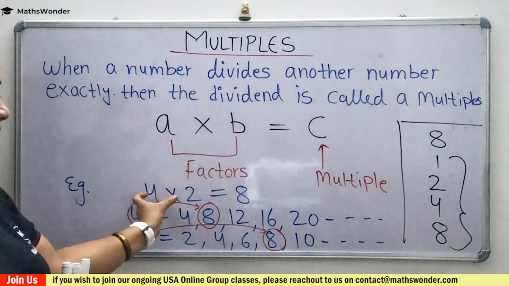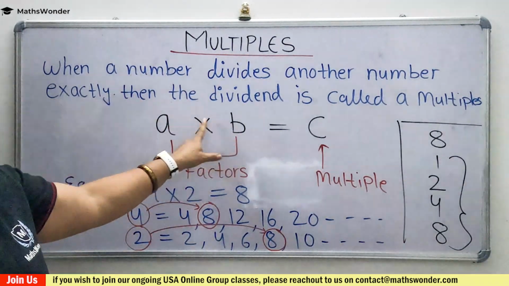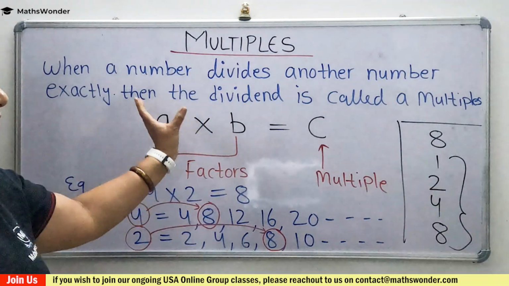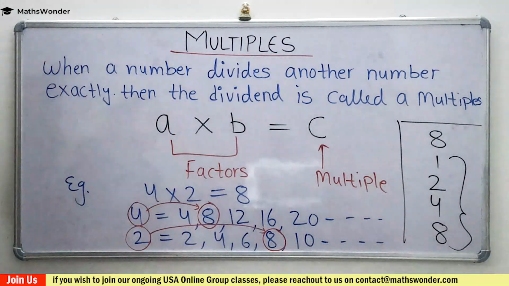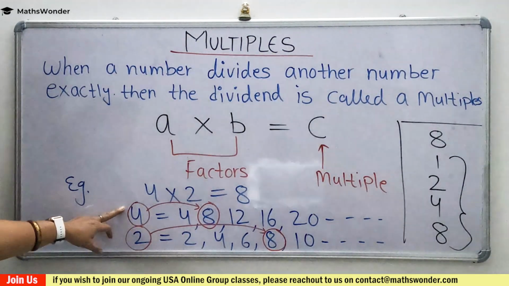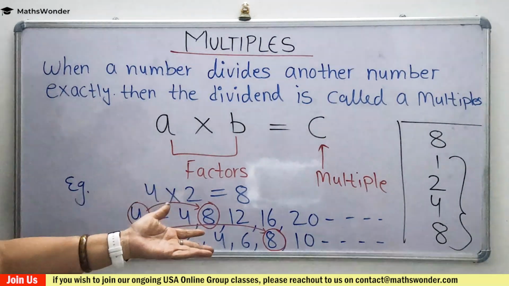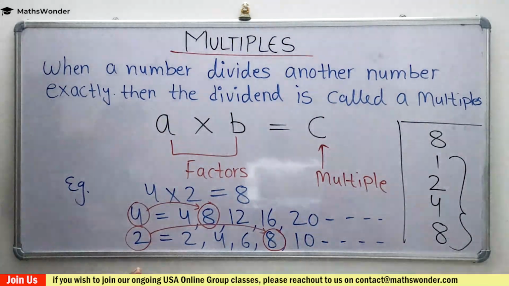When you find this product, then you call them factors. And when two numbers are multiplied and you get the product, we call it a multiple. So for multiples of 8, if you divide 8 by 2, you will get the dividend completely divisible.